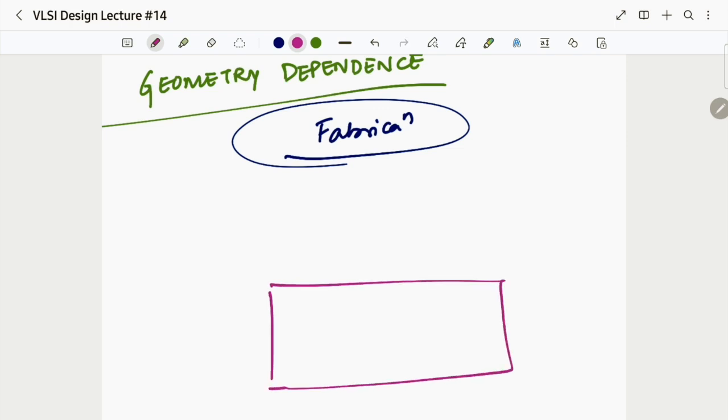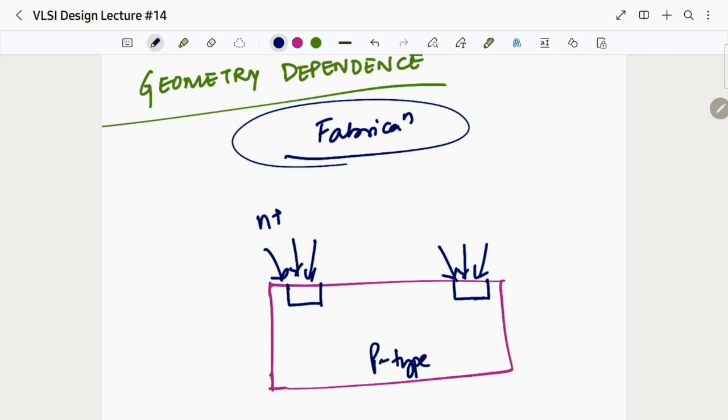Okay, and during that point I had told you that we have to create our n plus pockets. And how did we create these n plus pockets? We had to bombard at the given location. We will bombard with what? Dopants. N plus dopants, because our substrate is p type.